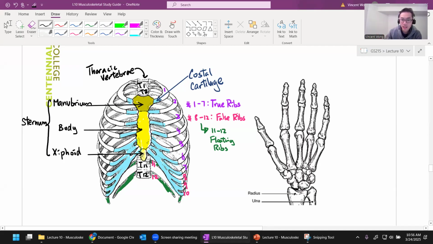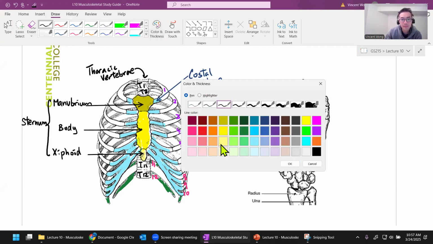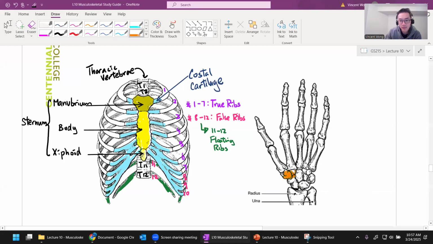Okay. But I guess it doesn't really matter. This is the radius, this is the ulna, and we have these things here. Okay, 8 of these things.